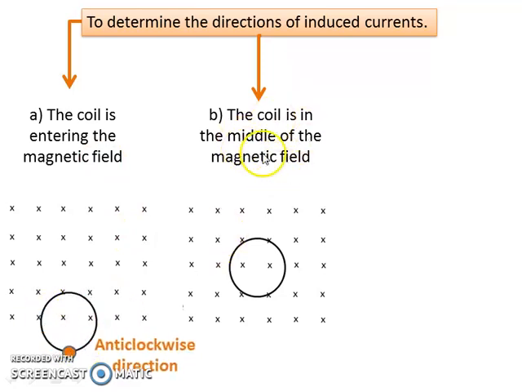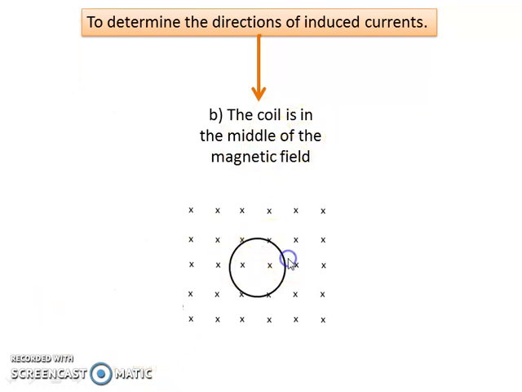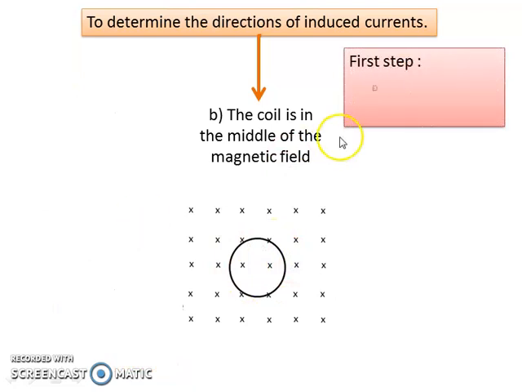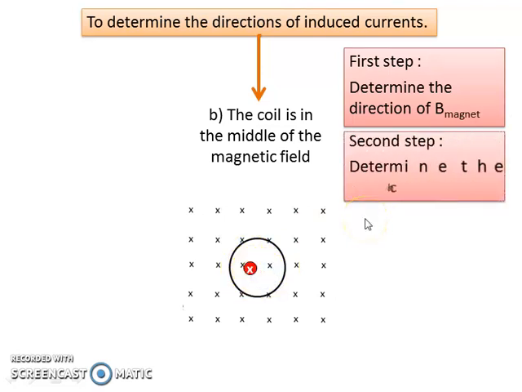Next, we are going to discuss the coil in the middle of the magnetic field. First step, determine the direction of the B magnet. The direction of the B magnet is into the screen. Second step, determine the change in B magnet.